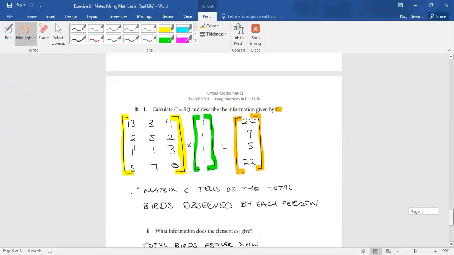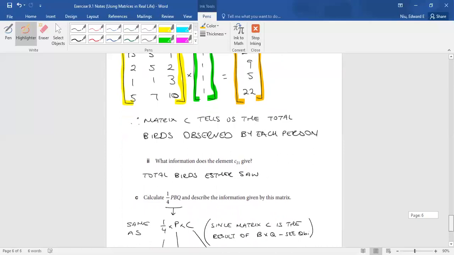So, what does matrix C tell us? Because the second part of the question says, describe the information given by matrix C. Matrix C tells us the total birds observed by each person. Remember, if you have a column summing matrix, it's going to add all the rows together. If you have a row summing matrix, it's going to add all the columns together, as we saw in example A.